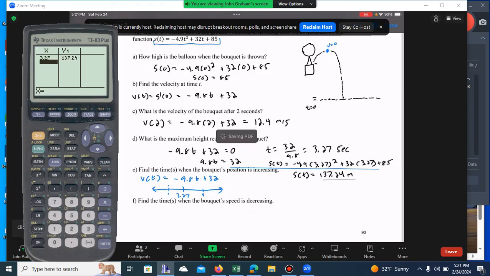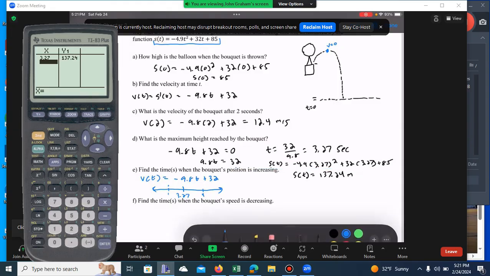And if you plug in 4 for t, you'll have something well enough above a negative 32, and so you end up with a negative value here. Okay. So your velocity is negative on this side, positive on this side.